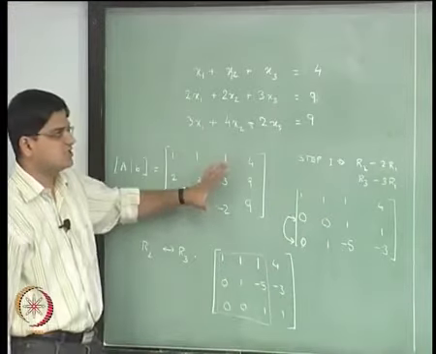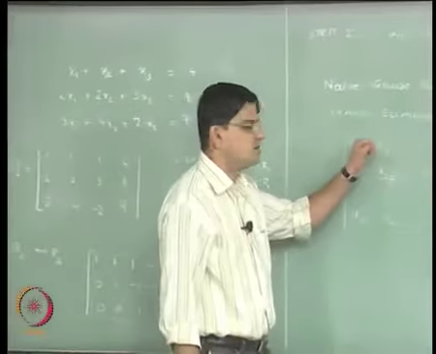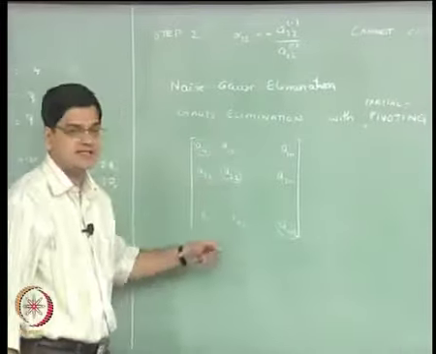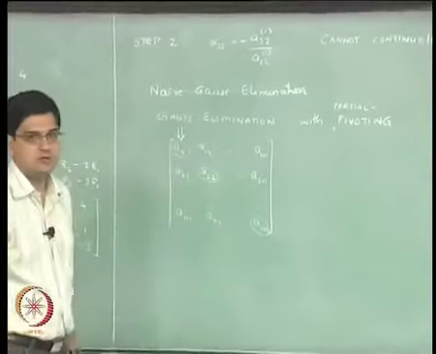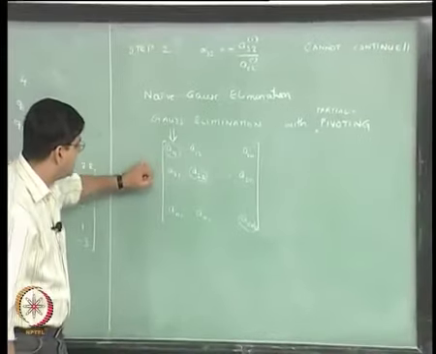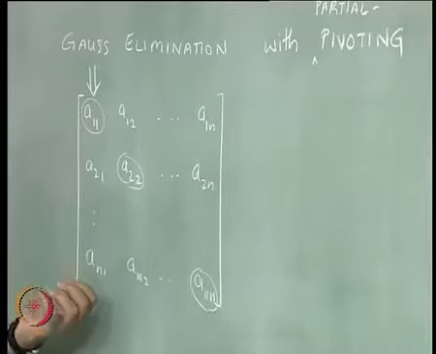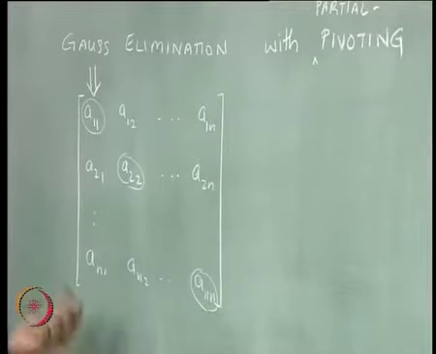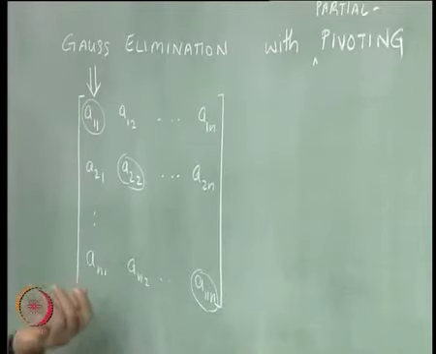So what is done at each step is, for the ith step, we will look at the entire ith column, and the value that has the largest absolute value in the ith column should become the pivot element.